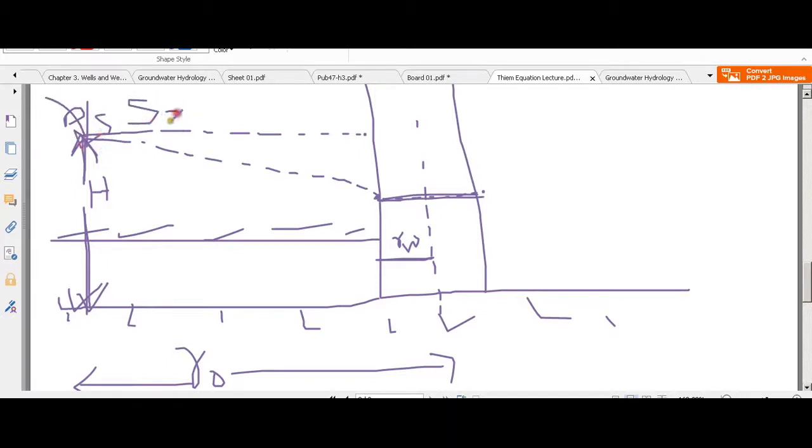S actually equals 0. But what is the drawdown at there? What is the height at there? The water level at rest. Say, for an example, the water level at rest is 50.